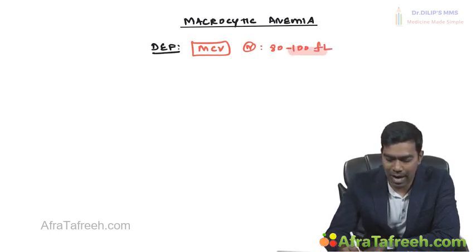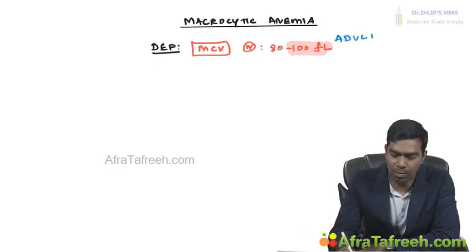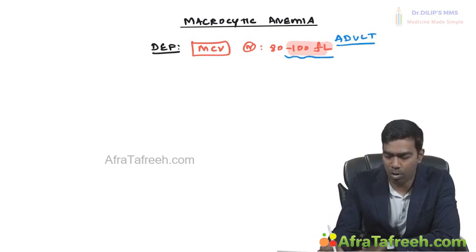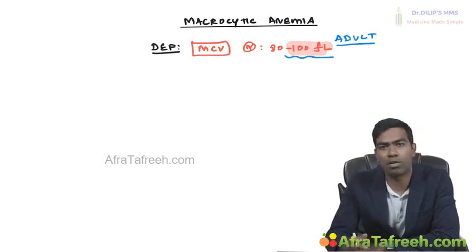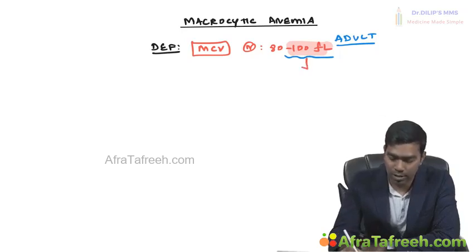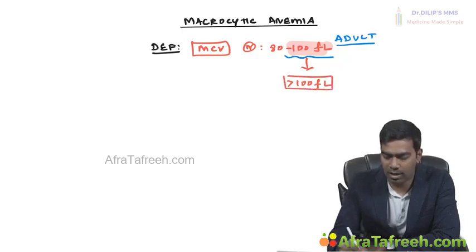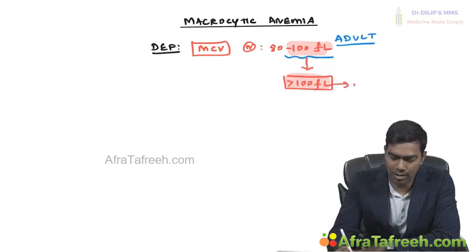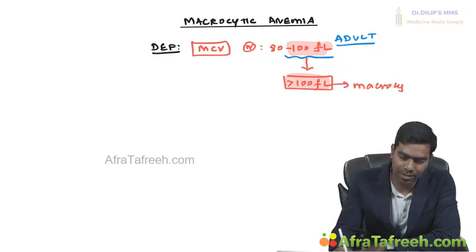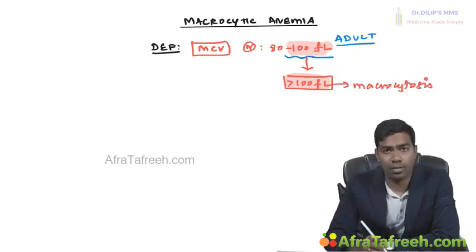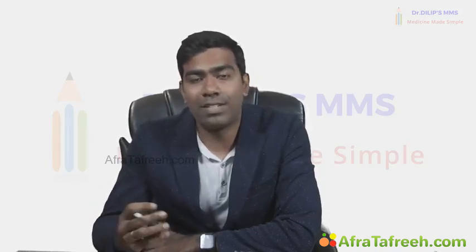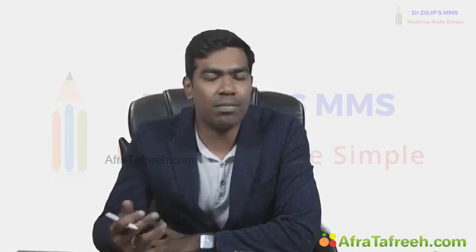In a standard adult population, not newborn or infantile, the upper limit of normal of MCV is approximately 100 femtoliters. So whenever your MCV exceeds 100 femtoliters in adults, this is what we define as macrocytosis.